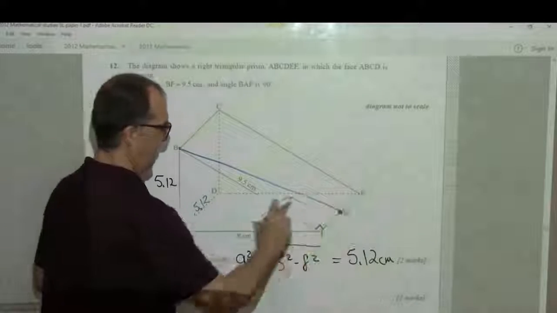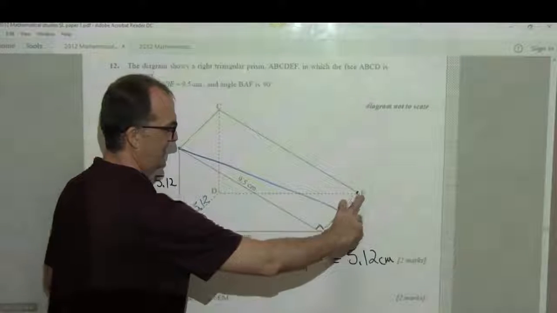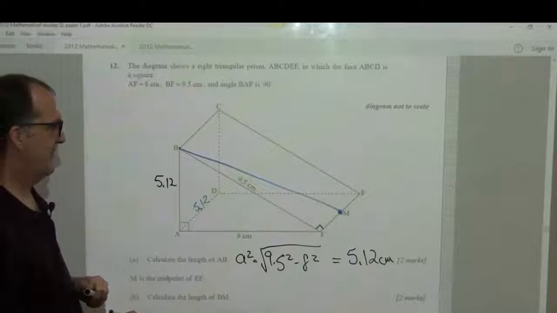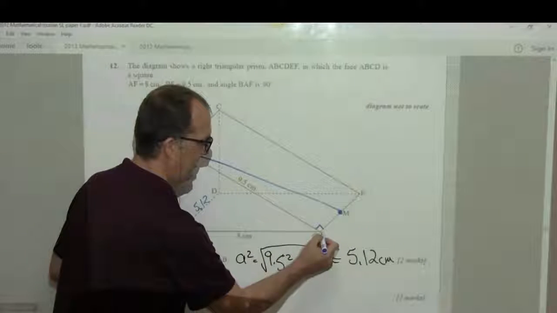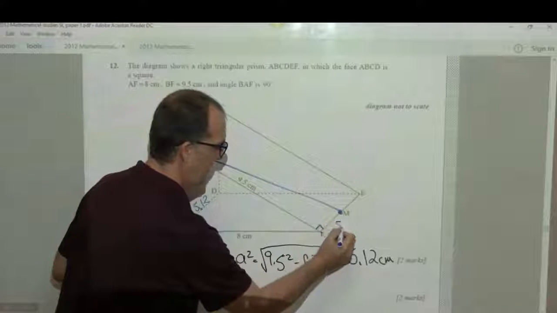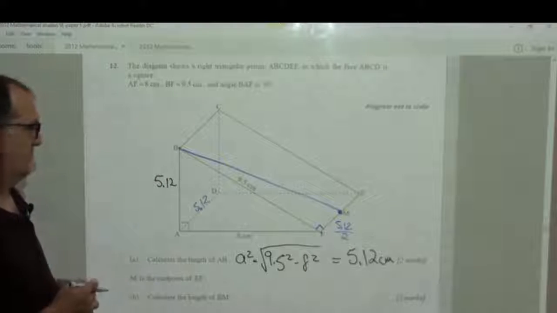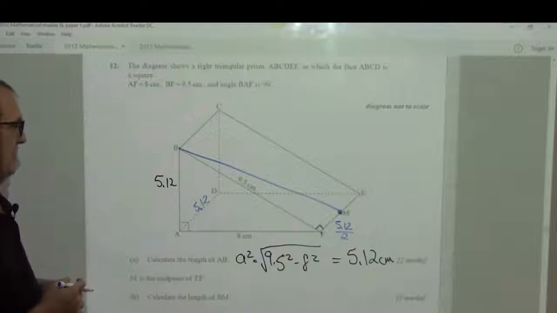And if that's 5.12, then the same, because the bottom is a rectangle. So from here to here, we have half of 5.12.